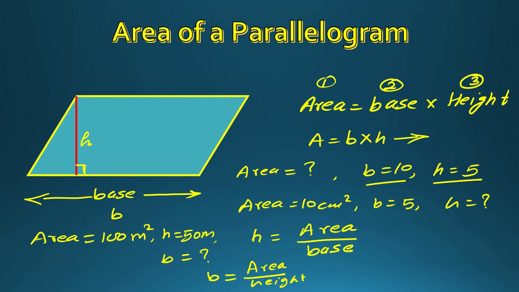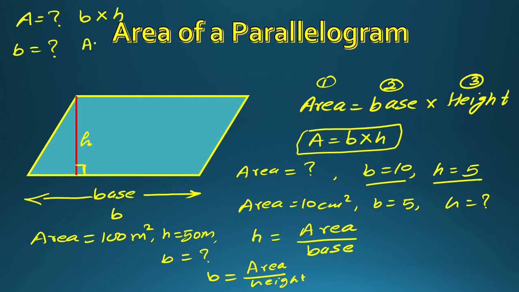Only this: the main formula, area is equal to base times height. From the three things, two will always be given to you in the exam and you will have to find the third. In short, if area is missing, then multiply the sides. If any side, base or height, is missing, then divide the area by the other side, and you will find the missing side.